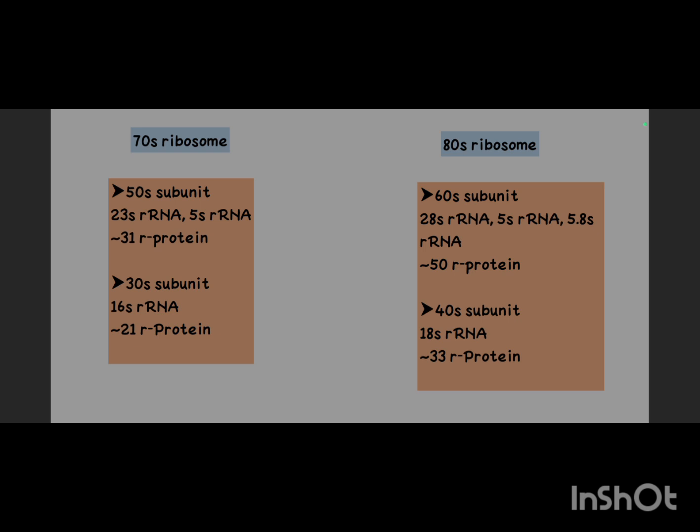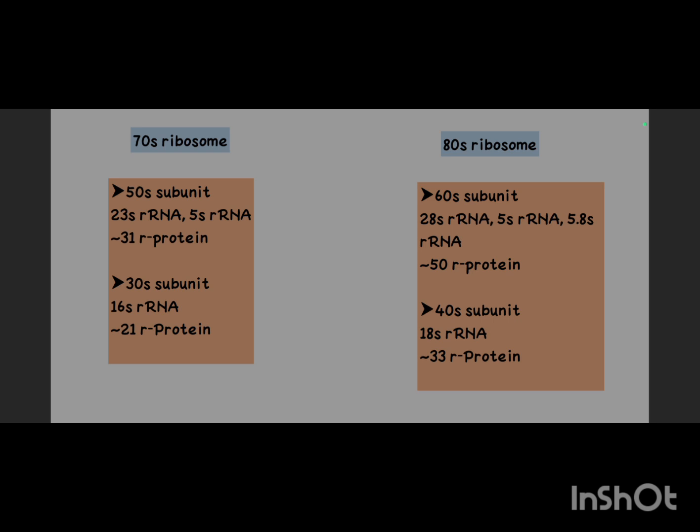But if we try to measure the intact weight of an intact ribosome, that becomes 70S, because some ribosomal RNA or some proteins get precipitated during the centrifugation process. So in that case, we are not able to measure the entire weight of our ribosome like that. The same goes for the 80S ribosome also.